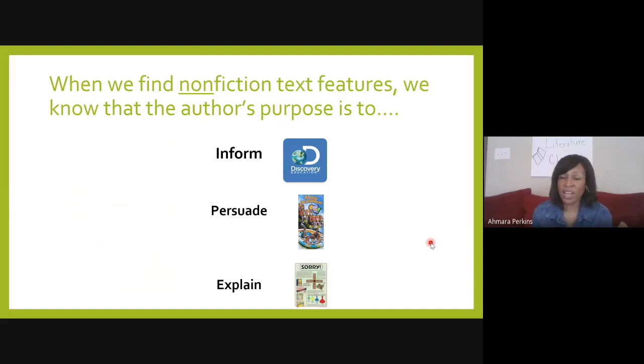The third one is explain, which tells you how to do something. So with inform, the author is giving you information. With persuade, the author is trying to get you to do something, like go to the music park. With explain, the author is explaining something to you, for example, how to play a game.